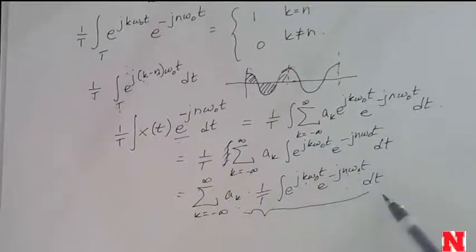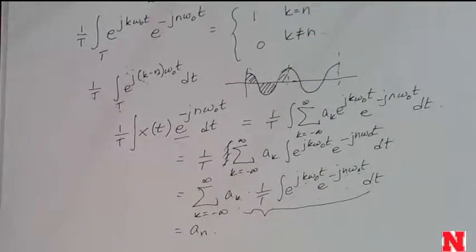And so all those terms will be 0. The only term that's going to be non-zero is the term where n is equal to k, and for that this whole thing is just going to be 1. So everything here is going to be 0 except for when k is equal to n. And when k is equal to n, this is going to be 1, and this is going to be a sub n.